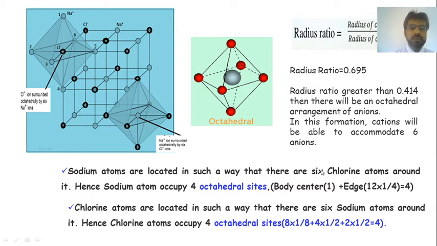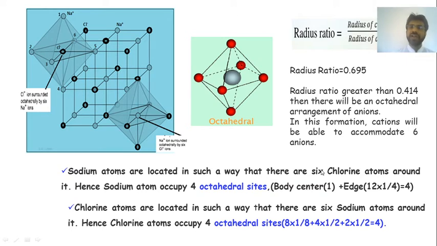Now in the third point, we can see the position of the type of voids present in this unit cell. Now if we take the radius ratio of the cations to the anions, then in this NaCl type of structure, the radius ratio is equal to 0.69.